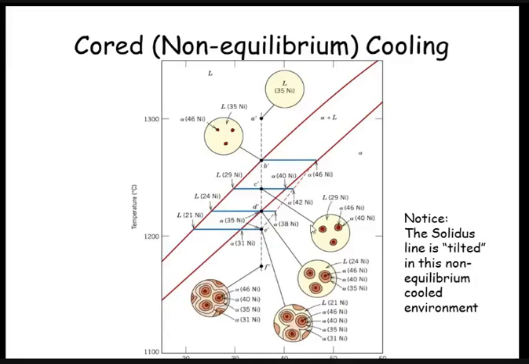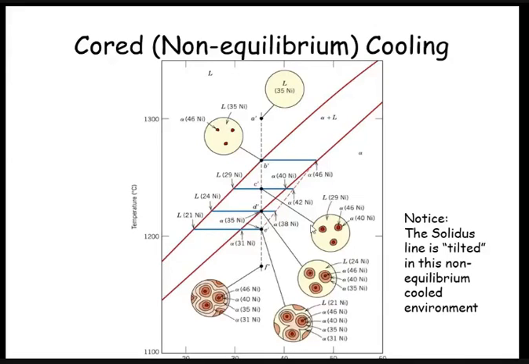So you will not get phases or compositions that match the equilibrium compositions, nor the phases present in equilibrium in actual conditions. So non-equilibrium cooling is faster than equilibrium cooling.